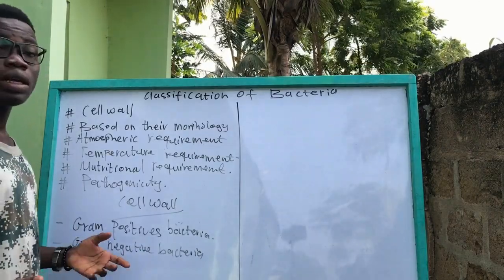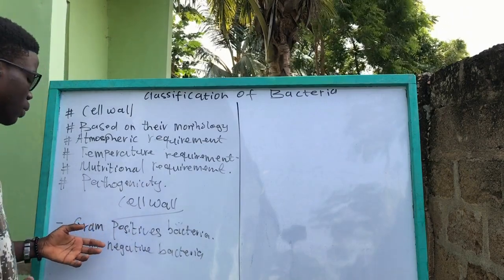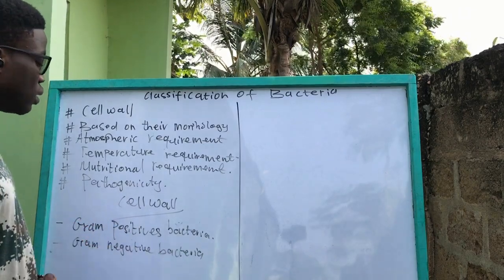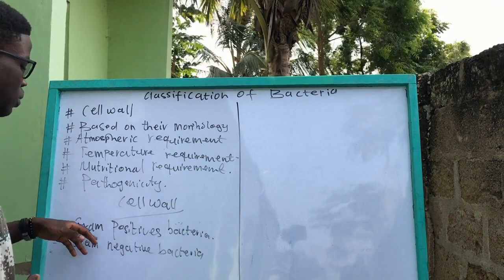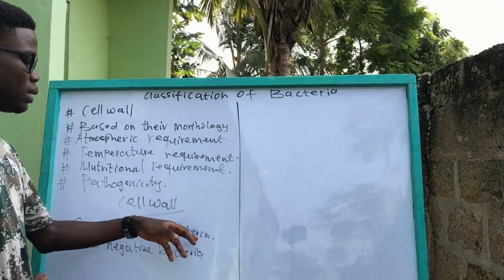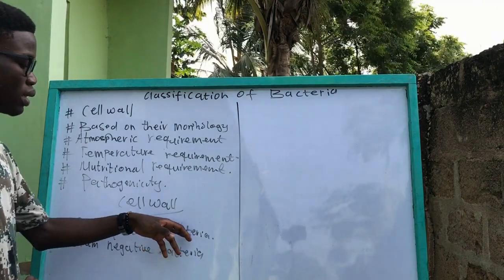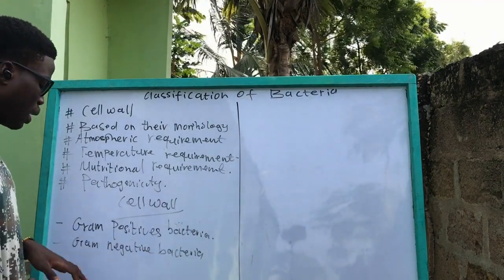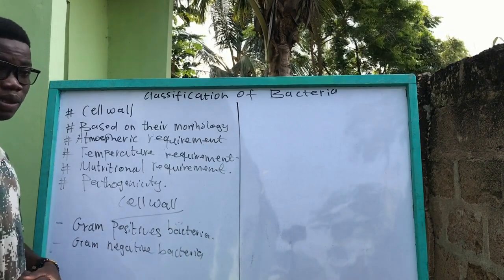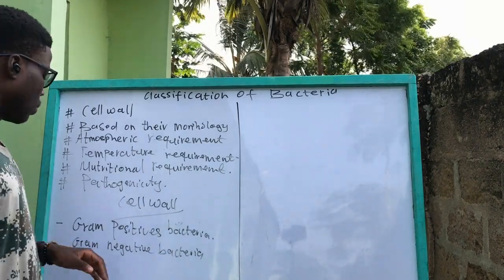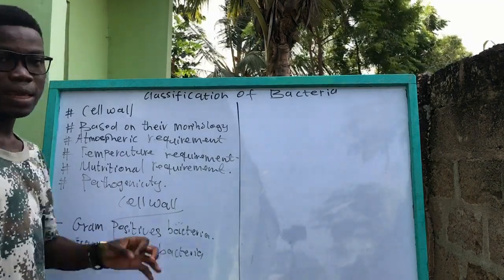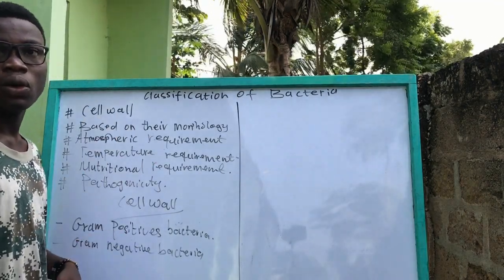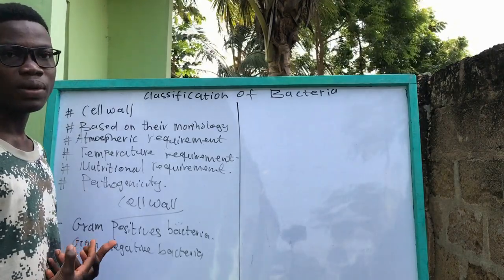And then in our video that talked about the structure and the function of the bacteria, we realized that the gram-positive bacteria's cell wall has certain components that differ from that of the gram-negative bacteria. What we established was that the gram-negative bacteria has a very thin peptidoglycan layer and therefore does not retain enough of the crystal violet.